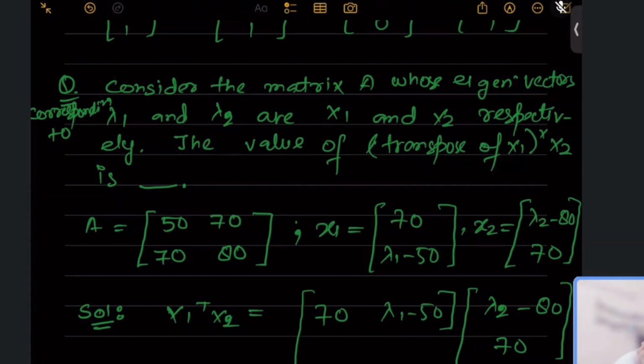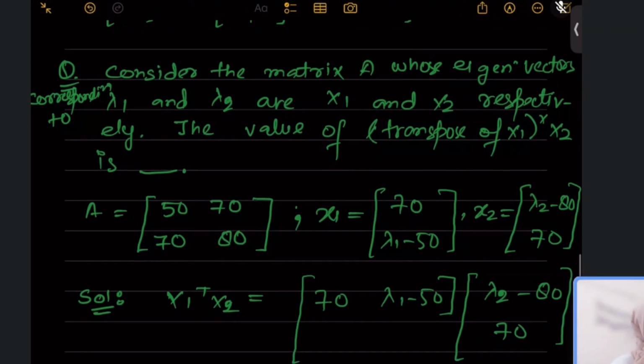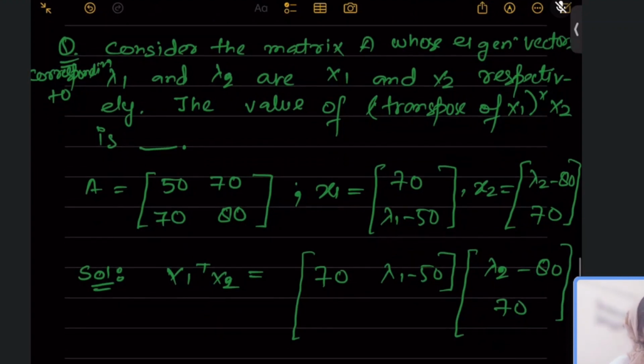And there is this important property of symmetric matrices, that the eigenvectors of symmetric matrices are orthogonal to each other. So from that itself, we can find that x1 transpose into x2 is going to be 0, because for orthogonal vectors, if we take the dot product, it comes out to be 0.